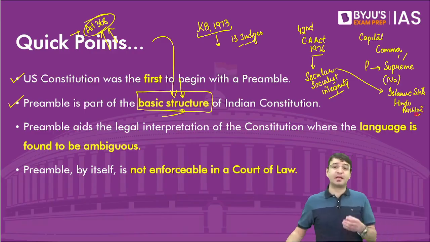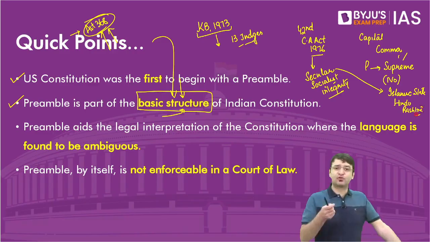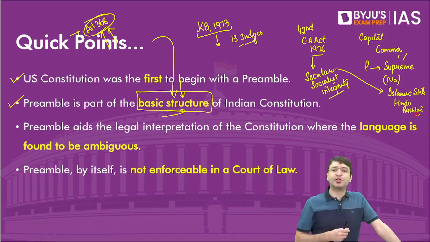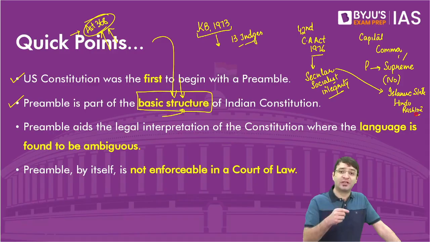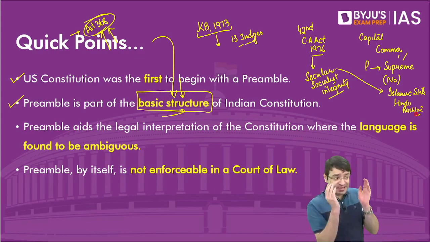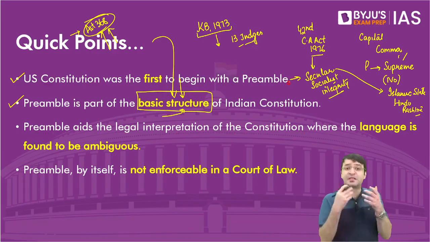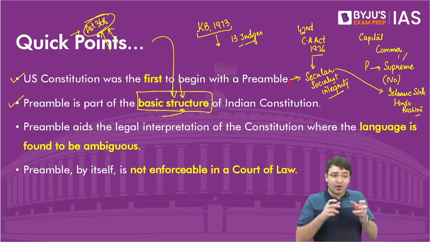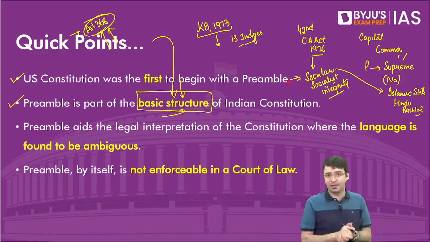Because if the preamble says, we the people of India, having solemnly resolved to constitute India into a sovereign, socialist, secular, democratic republic, Hindu Rashtra or Islamic State is incompatible with the idea of a secular state. So you cannot add Hindu Rashtra, you cannot add Islamic State to the preamble.